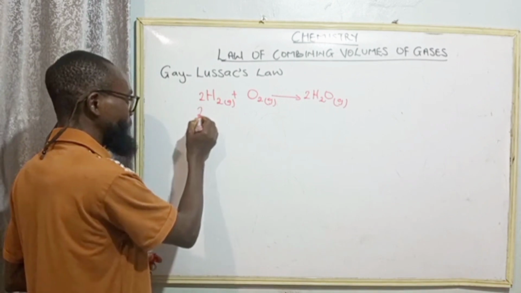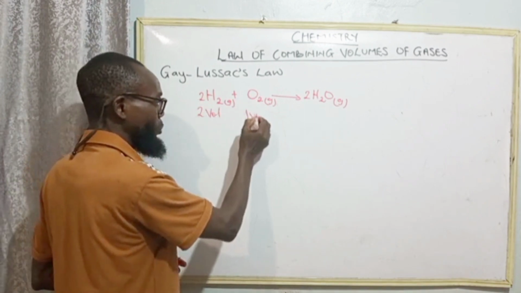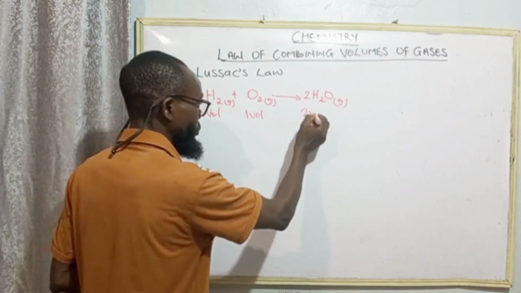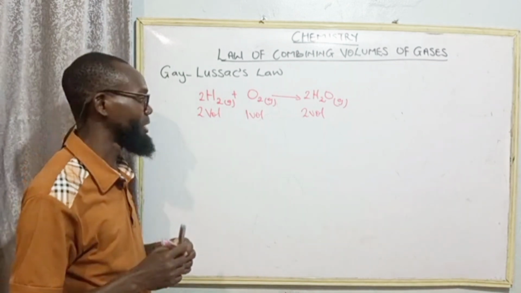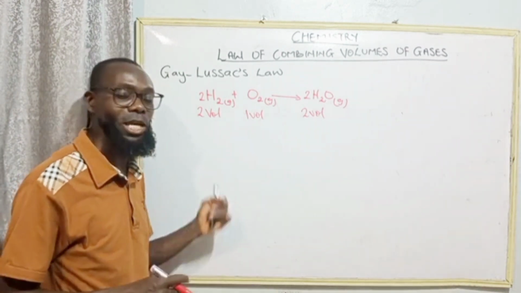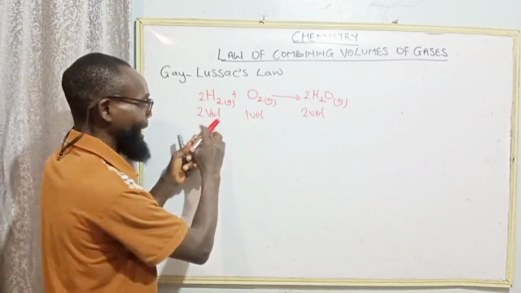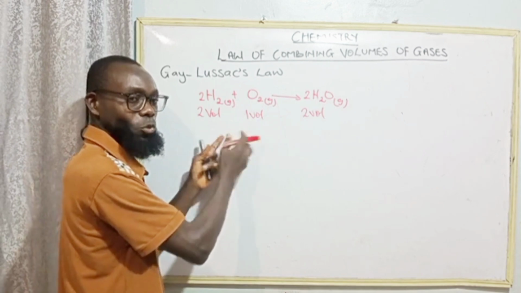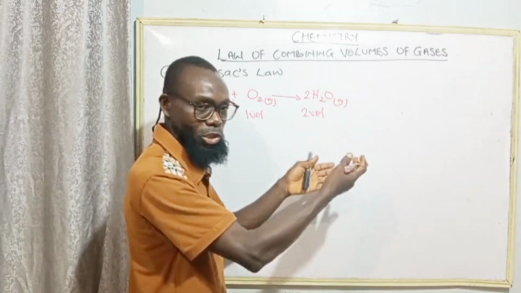This is 2 volumes reacting with 1 volume to give 2 volumes. Now, you can see that these are simple ratios, 2:1, ratio 2. So this is what Gay-Lussac's law is discussing. Gases are reacting in simple ratios to give a product which is also in simple ratios.